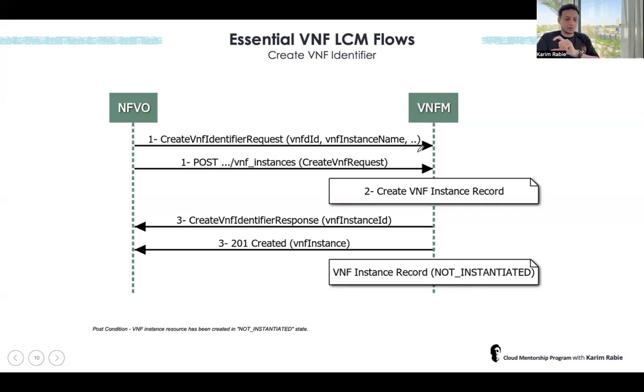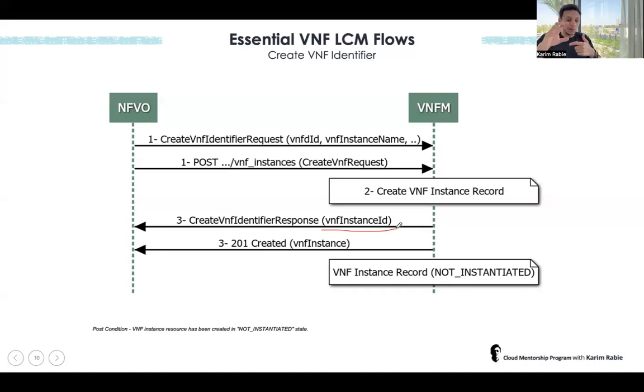VNFM locally starts to create a record, VNF instance record, and then replies by 201 as an API response that yes, I created a record in my local repo, and you know what? I gave VNF instance ID 22 to that VNF. So now NFVO knows that VNFM has created a record with that VNF, and the ID is 22.